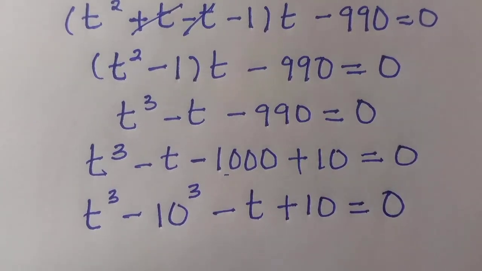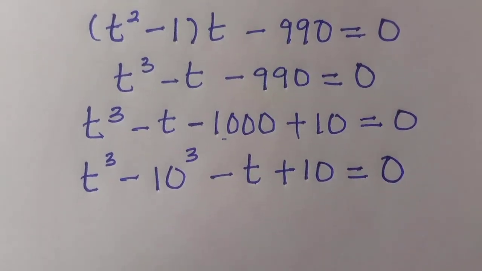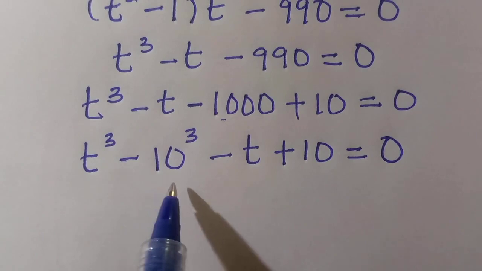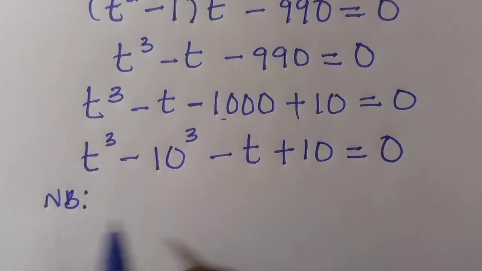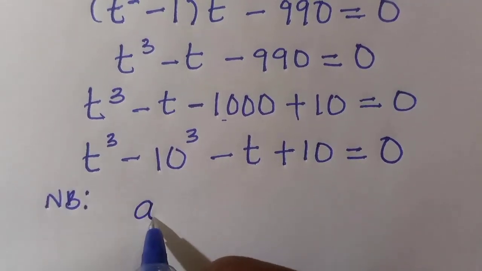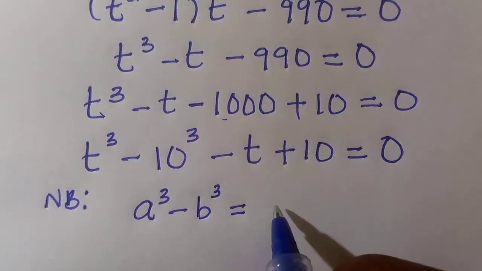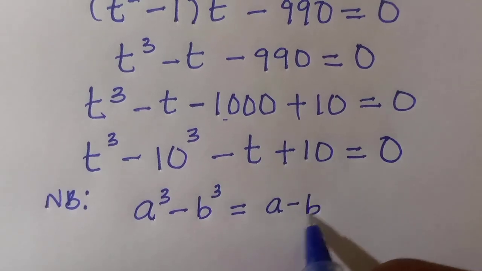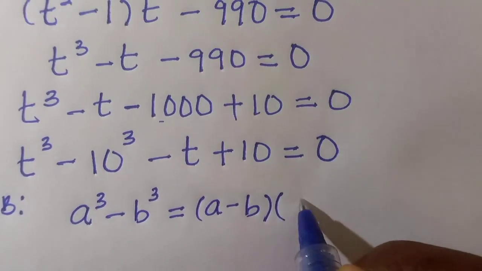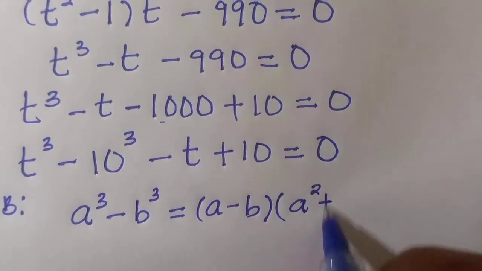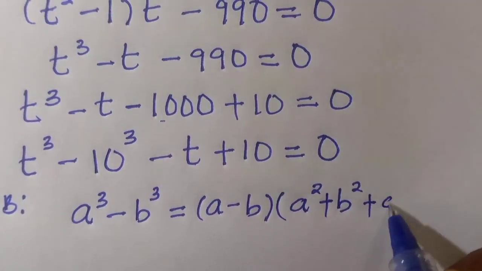So the next thing we are going to do is consider T to the power of 3 minus 10 to the power of 3. We are going to note that if we have A to the power of 3 minus B to the power of 3, it has an identity of A minus B, open bracket, A to the power of 2 plus B to the power of 2 plus AB.